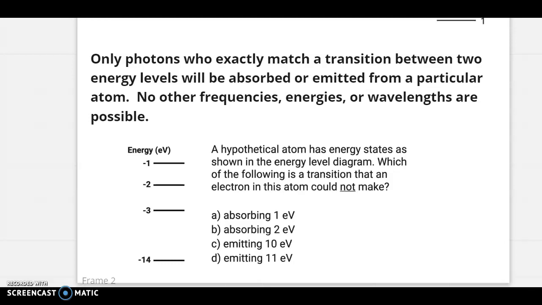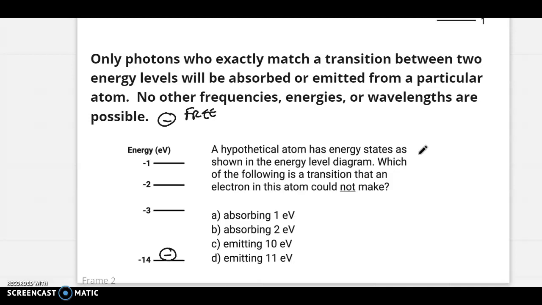And so check this out. I have a hypothetical atom that has energy states as shown here. As I said, it has energies of -1, -2, -3, -14. Remember, an electron here compared to an electron out here that is free, that is off the atom.